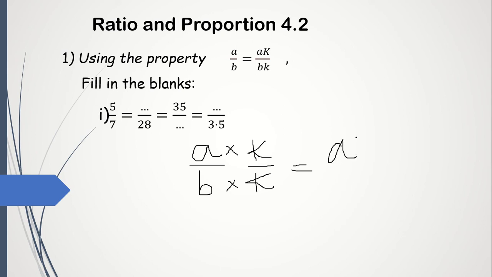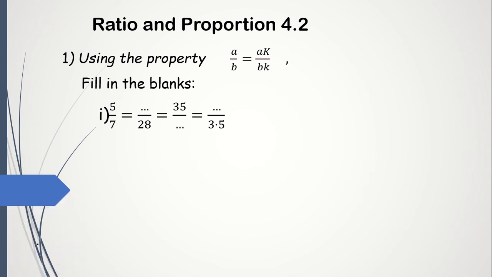So AK upon BK, the ratio that we get after multiplying, is the same as A upon B. This is the property of ratio we are going to use and solve with.